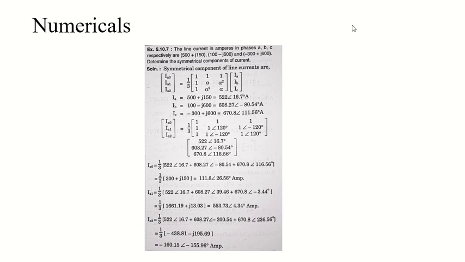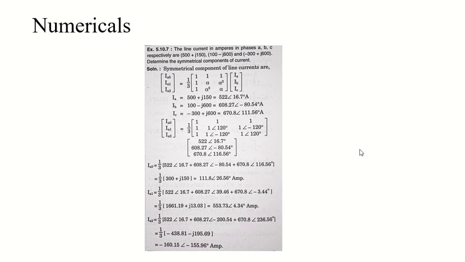And we have been asked to determine the symmetrical components of the current. So this time we will simply use the same formula which we used in the earlier two sums, right? The symmetrical current component matrix will be equal to 1/3 A inverse into the current vector, or current matrix.